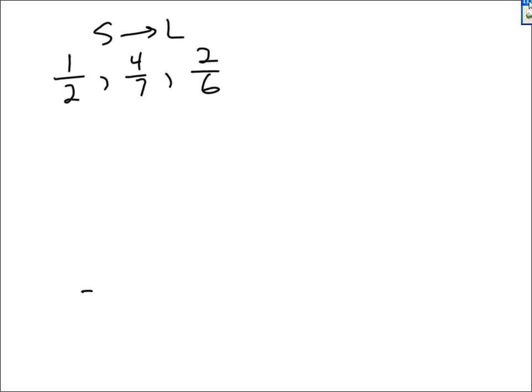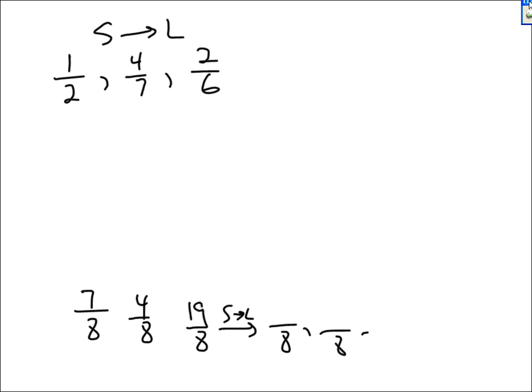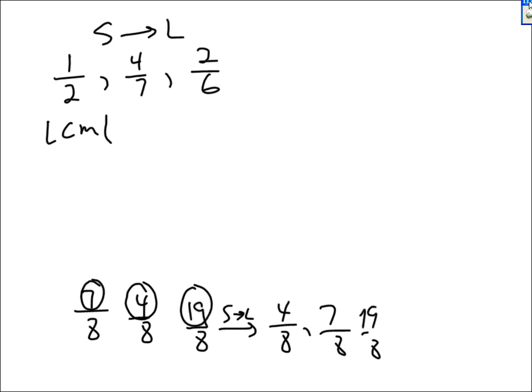In other words, if you were given 7 over 8, 4 over 8, and 19 over 8, from smallest to largest, we know everything's over 8. We would put down the smallest numerator, the next smallest numerator, and the largest numerator, and we'd be done. So what we can do is find the least common multiple of these three numbers.